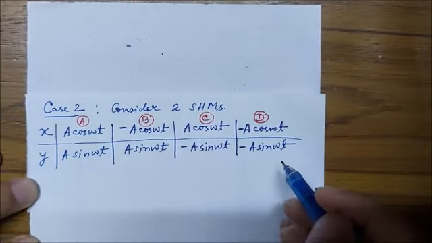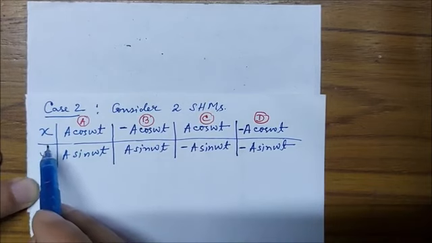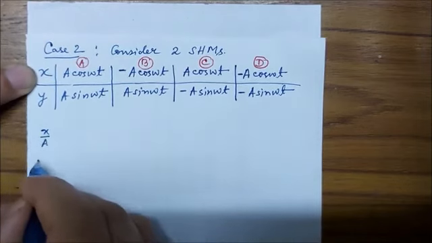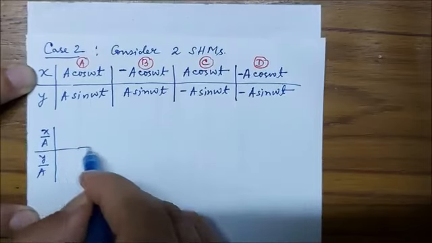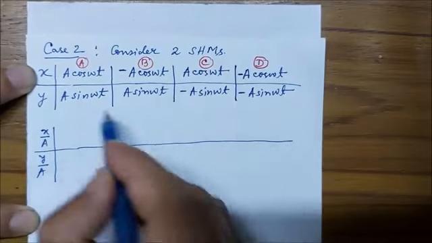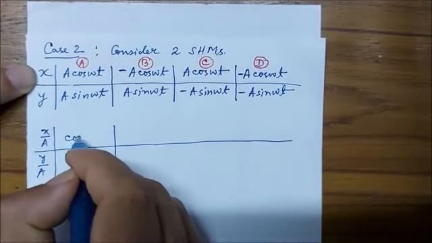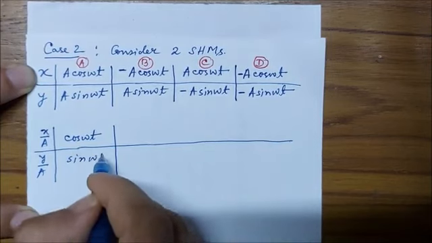So we will solve four similar type of problems. Let us rationalize the equations. Let us divide x as well as y by a to get, for case 2a, simply cos omega t, and here we have sine omega t.